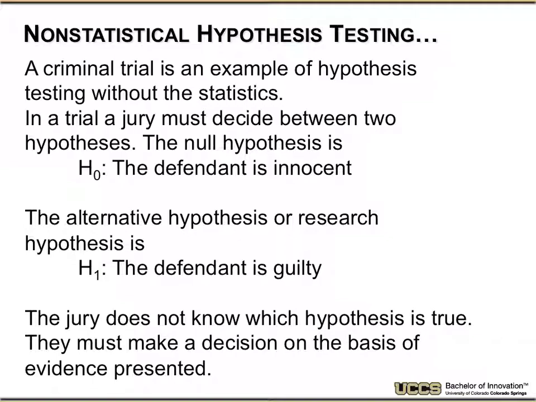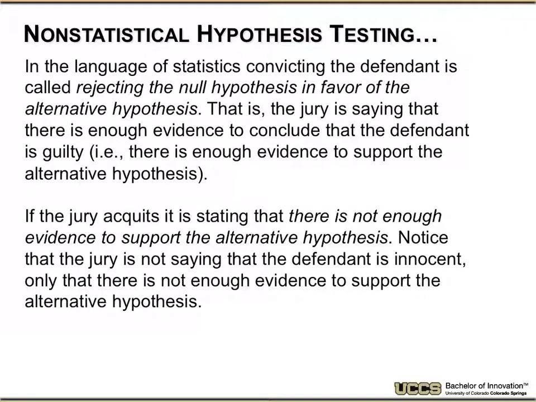Okay? And when we start, we don't know which is true. We're going to look on the basis of evidence. So in the language of statistics, convicting a defendant is what we call rejecting the null hypothesis. I sort of said this a little bit earlier. We actually, with statistics, can't prove something is true. We can simply reject something.